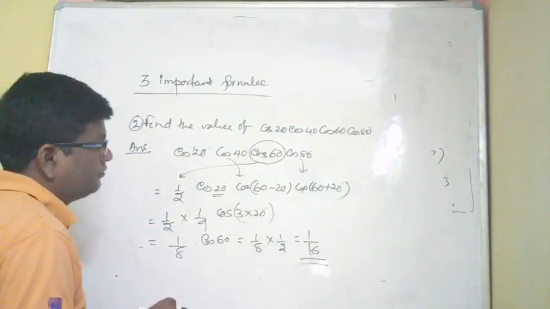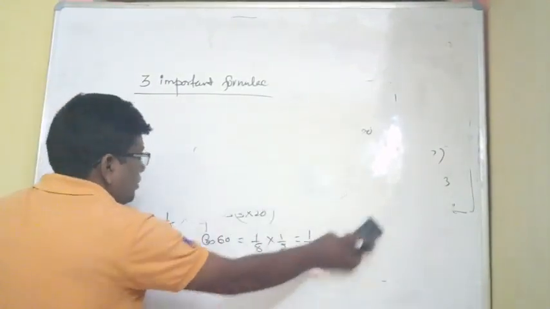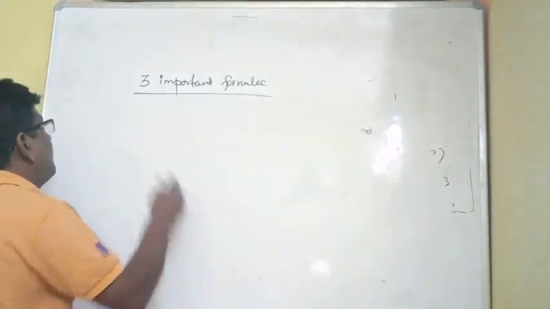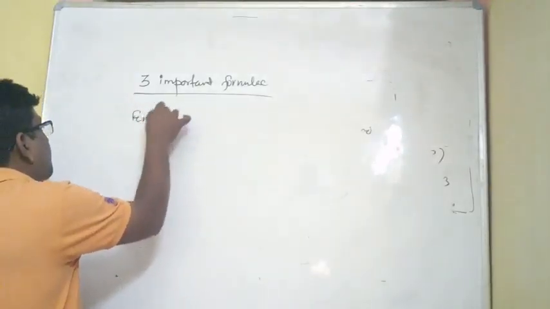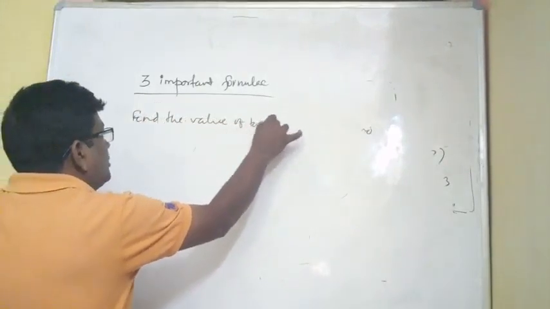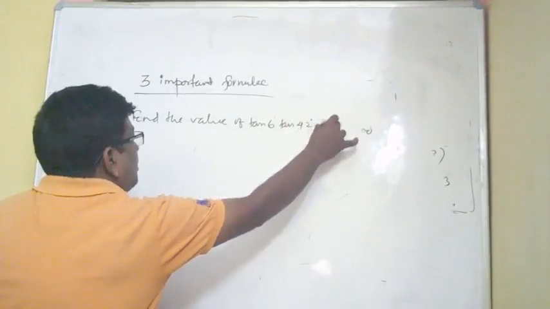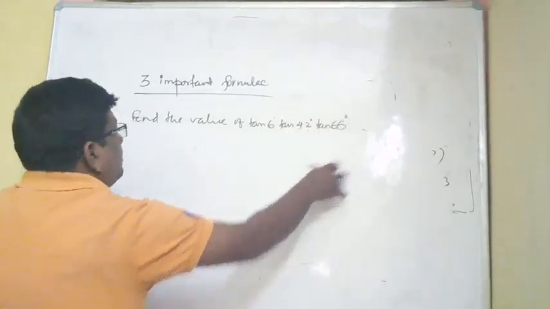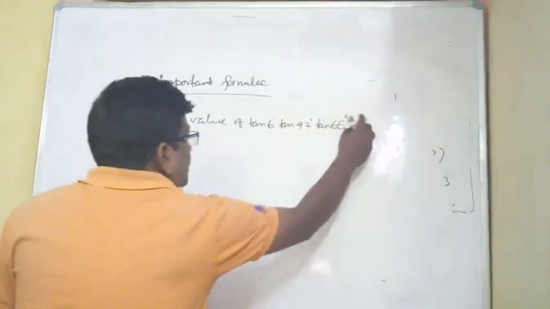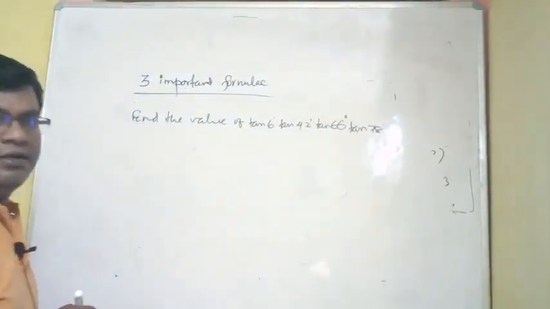Now another question, question number 3. Find the value of tan 6° tan 42° tan 66° tan 78°.